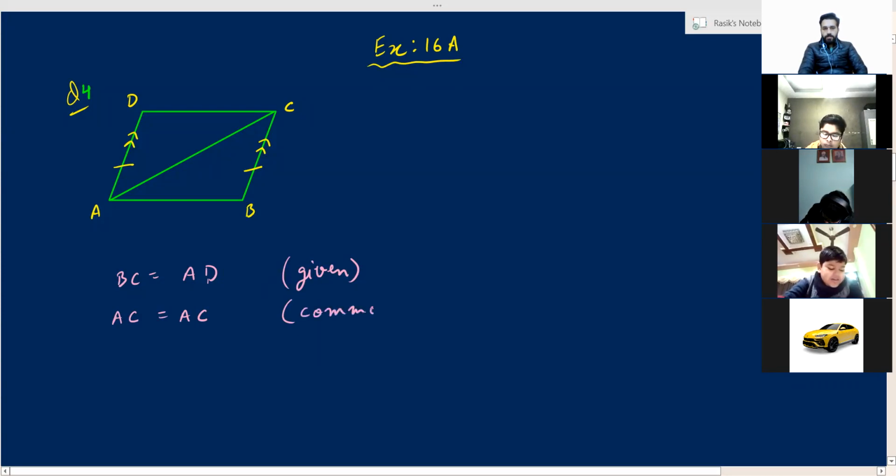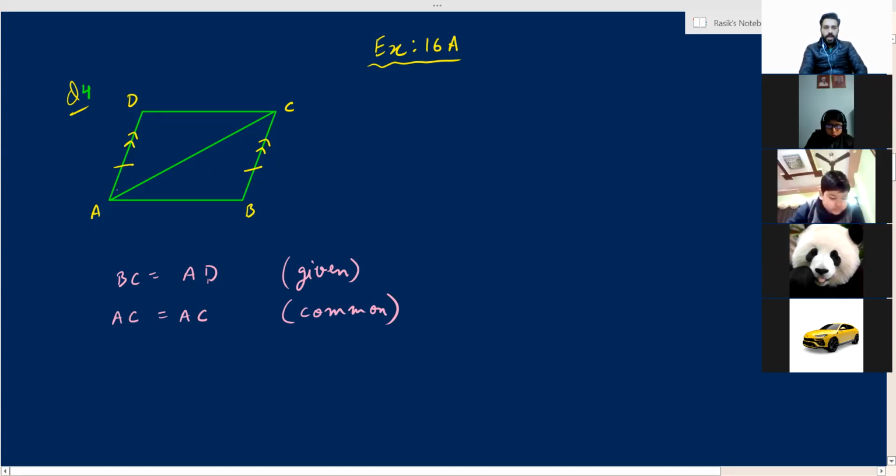AD is parallel to BC. So using that, we will get alternate angles equal. Which angle? Angle DAC equal to angle BCA. Can anyone tell me why these two angles are equal? I'm marking these two angles equal. You have to tell me the reason why the two angles are equal.